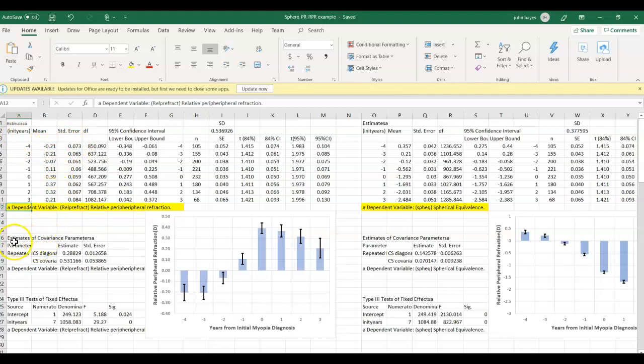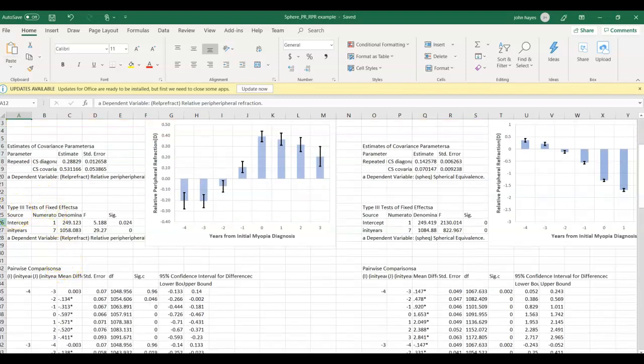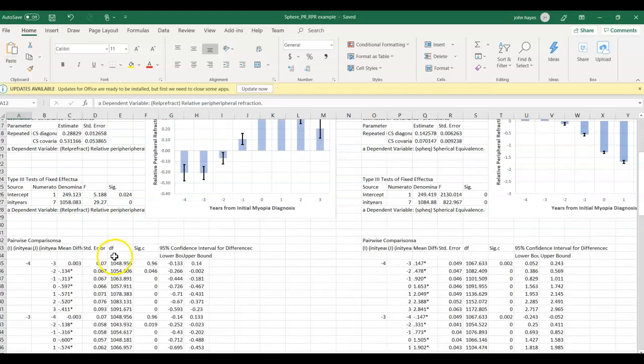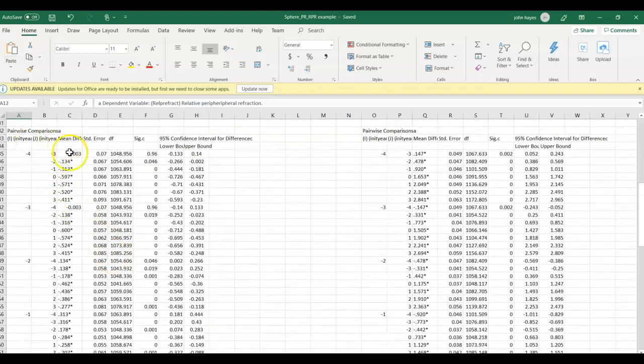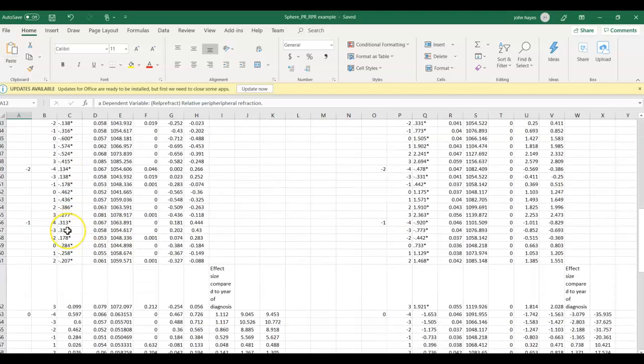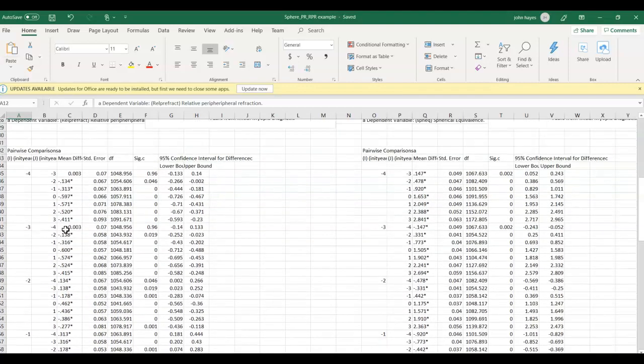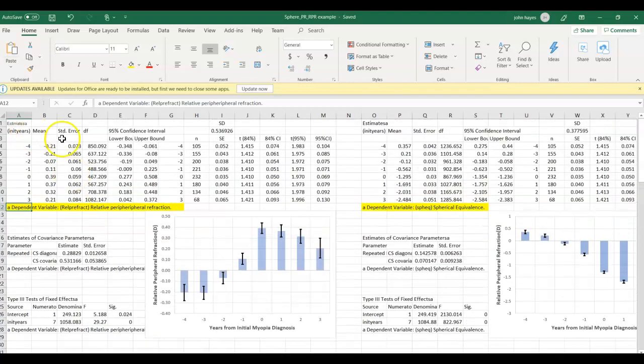We had the section on covariance parameters, the main effects, the test, the init years with the p-value, and the paired comparisons. And I just copied this for each of the three. We used syntax to easily put out three different tests of three different dependent variables. And so from that, we've made a graph.